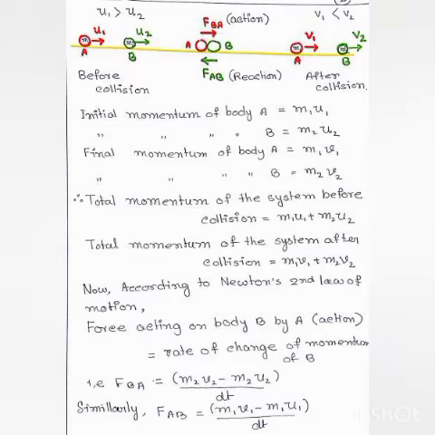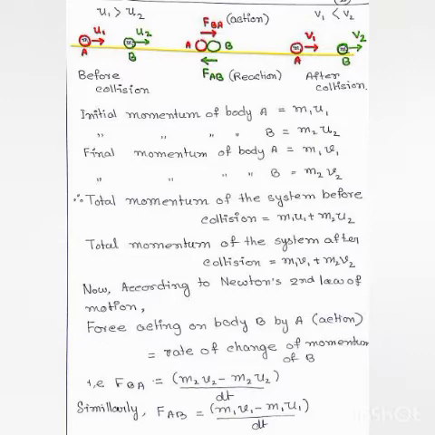And final momentum of body A is m1v1 and final momentum of body B is m2v2. Therefore, total momentum of the system before collision is equal to m1u1 plus m2u2, and total momentum of the system after collision is equal to m1v1 plus m2v2.